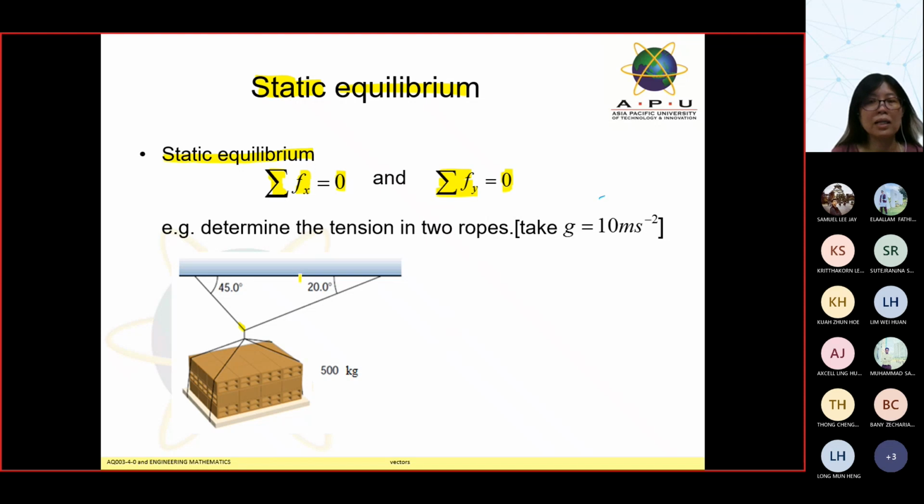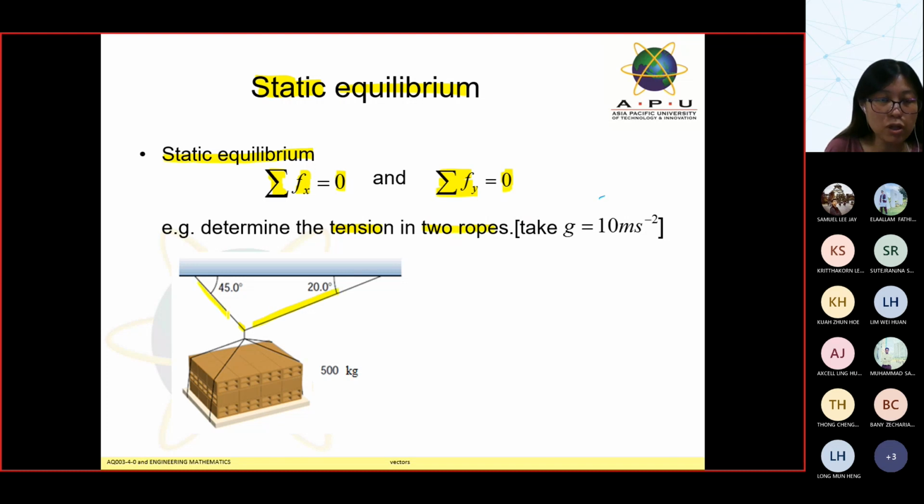The example we involve here is how to determine the tension in two ropes. Let's take g as 10 meters per second squared. This refers to gravity. Gravity is 9 point something, but we just round it up to 10.